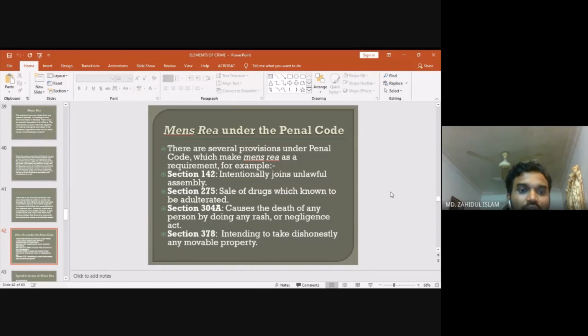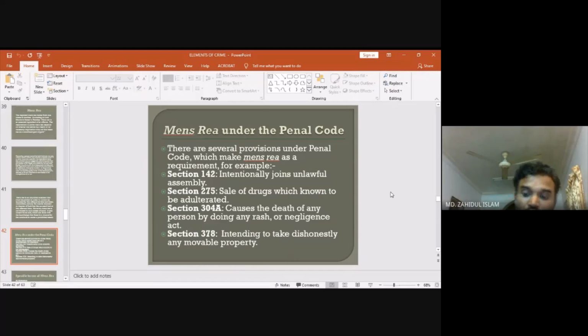So if you can prove that someone had pre-planned to do some offense, then mens rea will be proved. But as a lawyer, you have to prove it very carefully. You have to be very smart to prove mens rea. Maybe you can prove it with circumstantial evidence, eyewitness and other evidence.